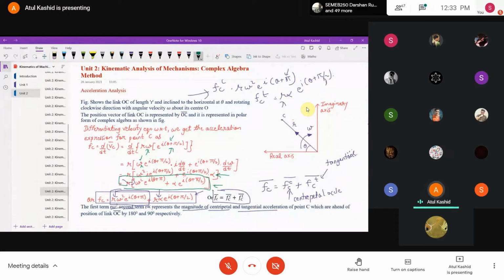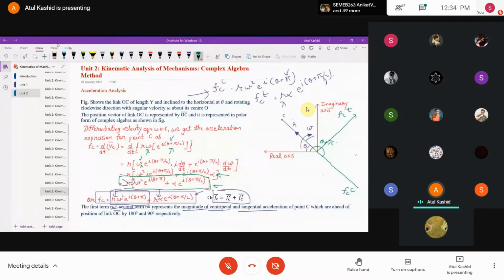So if I want to represent it, it will be like this. If I try to show the centripetal acceleration, you can see this angle will be equal to theta plus pi over here. And if I want to show the tangential acceleration, this is Fct and this is Fcc over here.